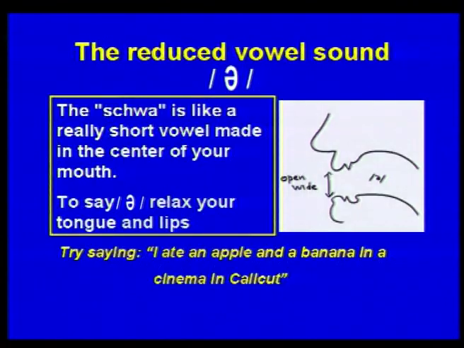All right? Try and say the sentence along with me. I ate an apple and a banana in a cinema in Calicut. Where do we have the sound? Apple, that's the other sound, but the second syllable has the schwa.